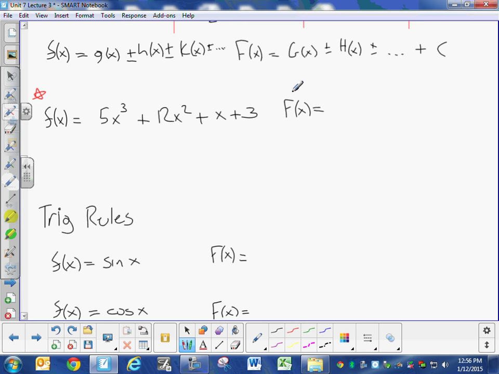Add 1 to the exponent first, then multiply by the reciprocal of your new exponent. So if you got x cubed, add 1, that's x to the 4th, multiply by 1/4.